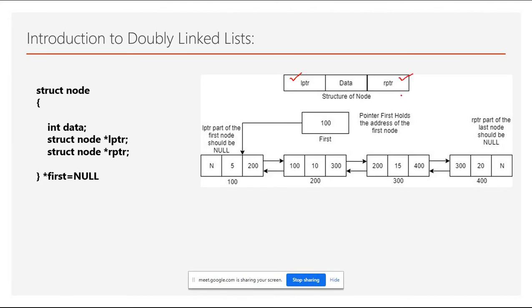RPTR preserves the address of the next node, and whatever data is entered by the user, we put into the data section. So the node structure of a doubly linked list is divided into three parts: integer data, LPTR, the address of the previous node, and RPTR, the address of the next node, right?